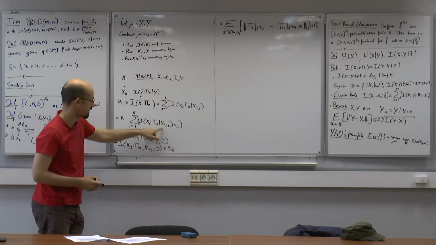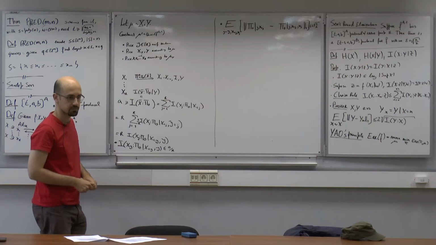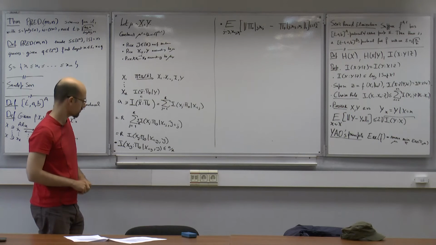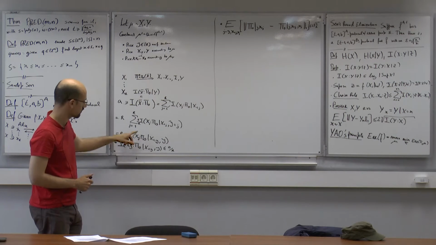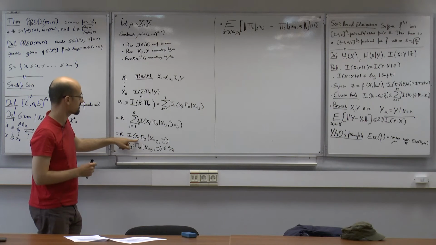Right, this shows that this guy equals that guy. Yeah, but then how do we come from this sum to the information of xj about known p0? So this is by definition.